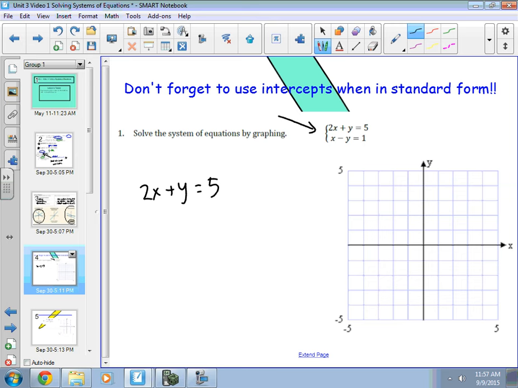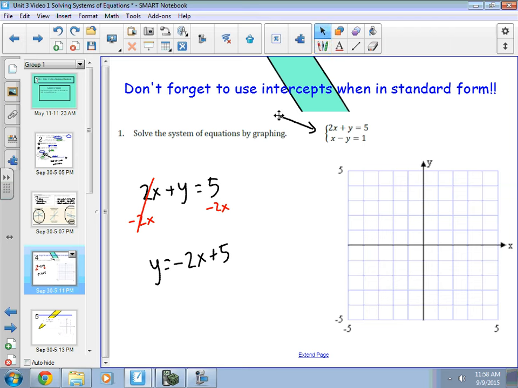To get it in slope-intercept form, we want it as a y equals equation. So let's subtract this 2x to the other side, making that cancel out. So now we're left with y equals, that's what we want for slope-intercept form, -2x plus 5 on the right side. Well, that's the slope-intercept form.